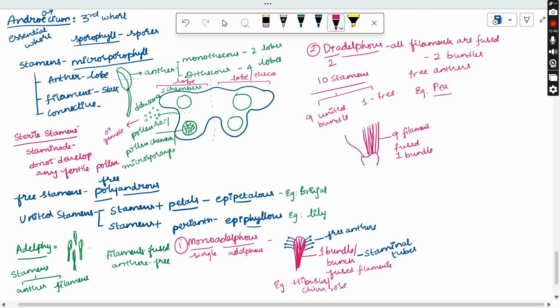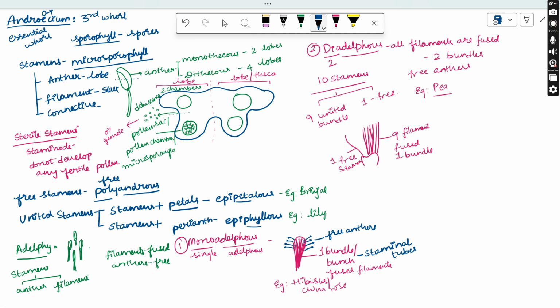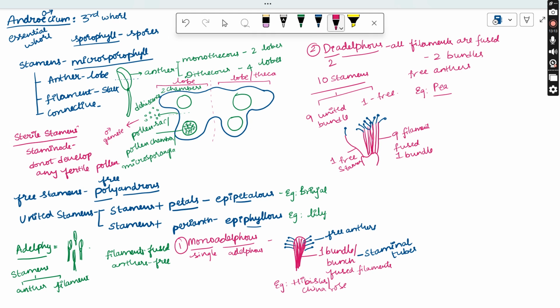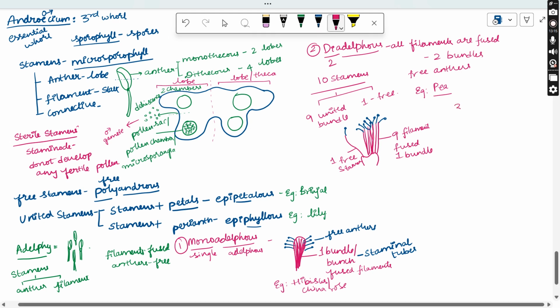And here there is a separate, free stamen, which is another bundle. This type of condition is called a diadelphous condition. Here only the filaments are fused but the anthers are free. So all the 9 here and one here. This can be seen in the garden pea, Pisum sativum.